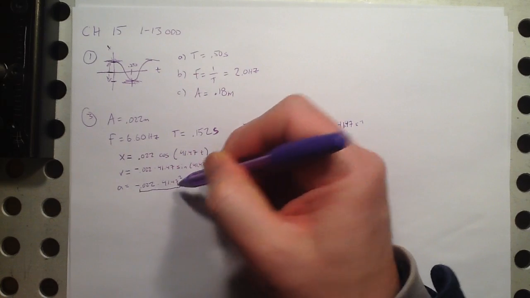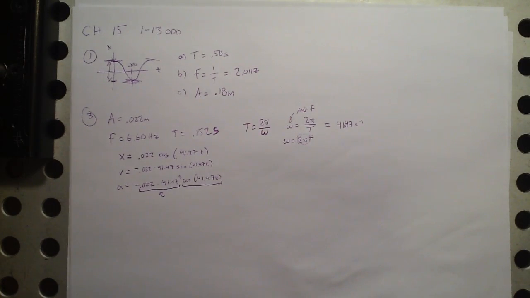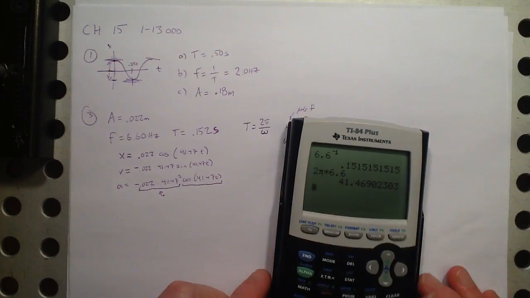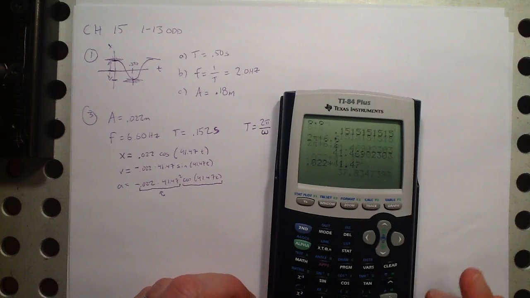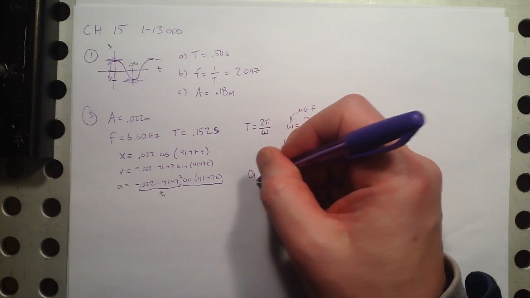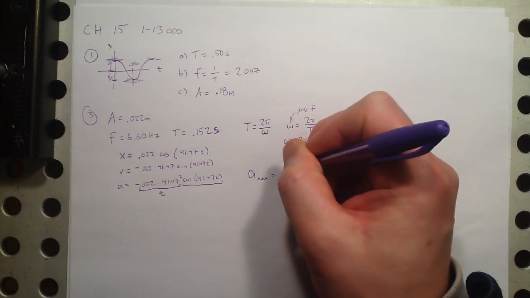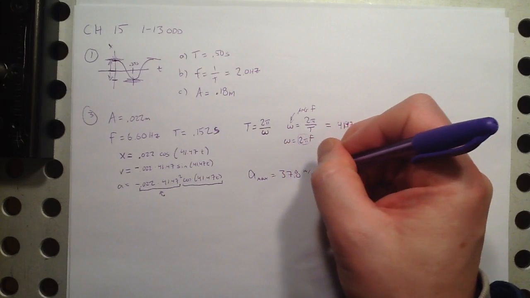The maximum value of a sine or cosine function is its amplitude. So that's 0.022 times 41.47 squared. That's 37.8 meters per second squared.